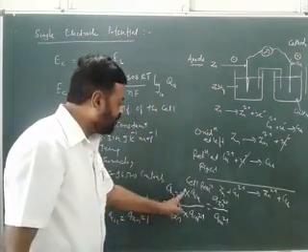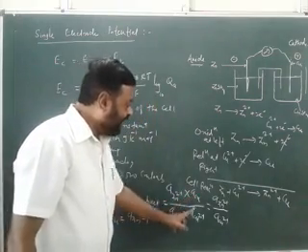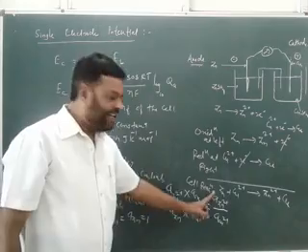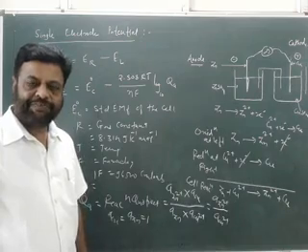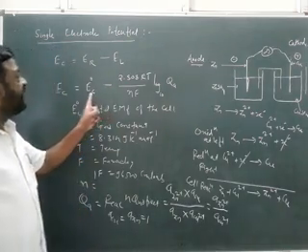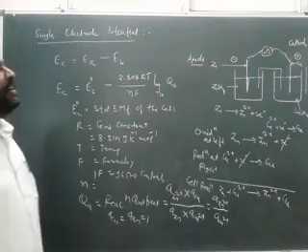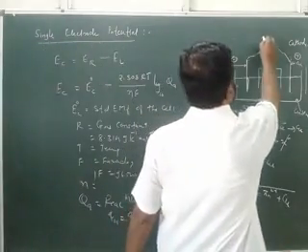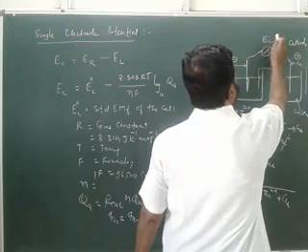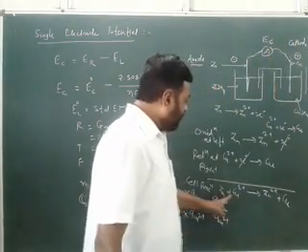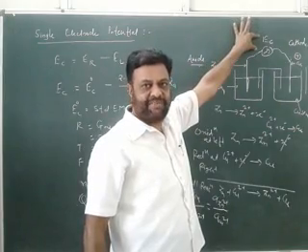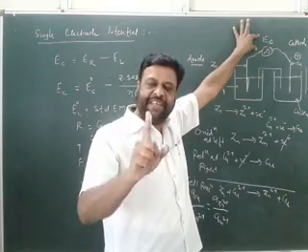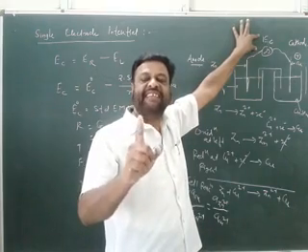So the activity of Zn2+ multiplied by the activity of Cu, divided by the product of the activity of Zn and the activity of Cu2+. Is all of this clear? So this is the Nernst equation, which can be used to determine the EMF of the complete cell. Because of this cell reaction, the EMF of the complete cell is produced, and this Ec can be determined by using the Nernst equation.